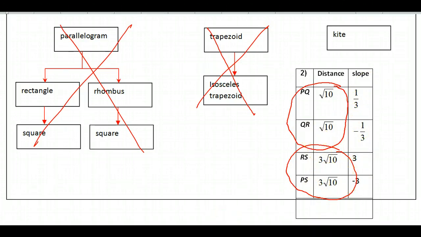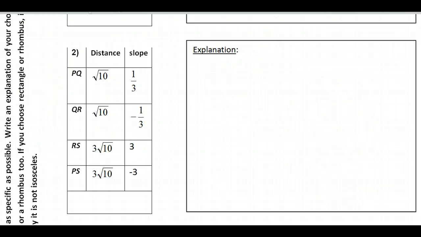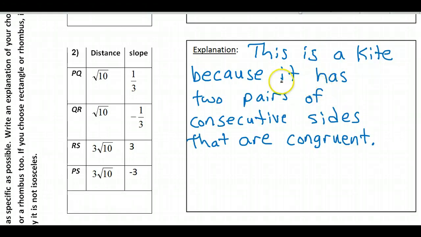So this is a kite. And in our explanation, we would just say, this is a kite because it has two pairs of consecutive sides that are congruent. In other words, just mention the definition of a kite in your explanation.